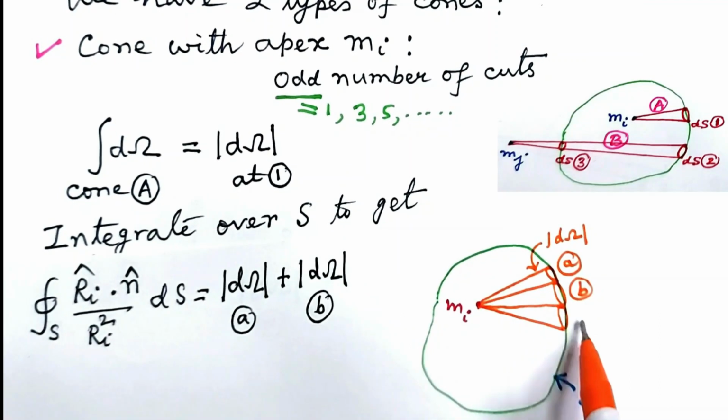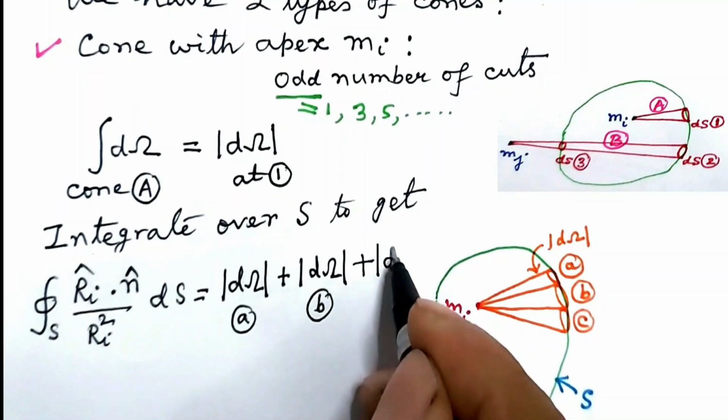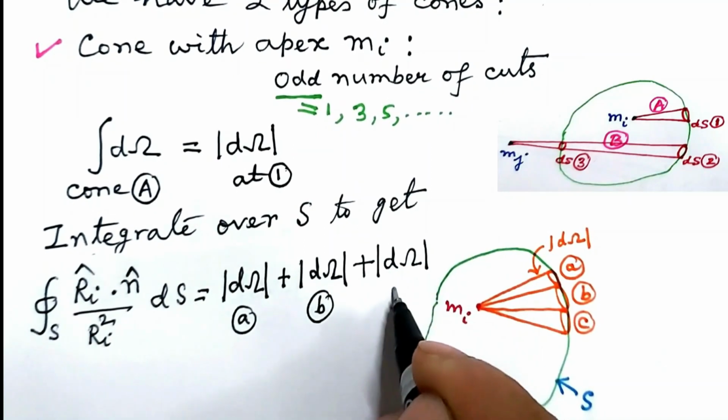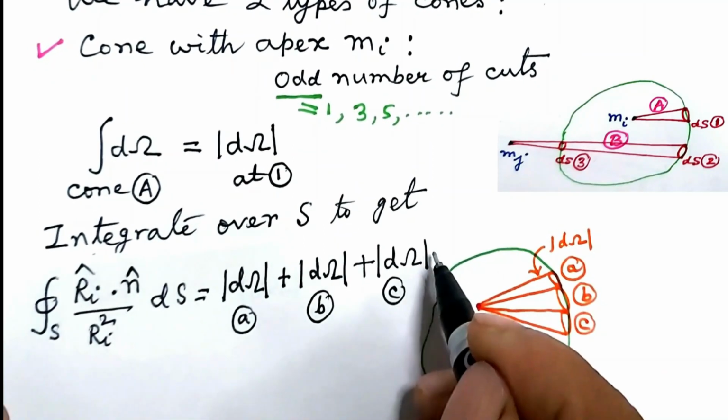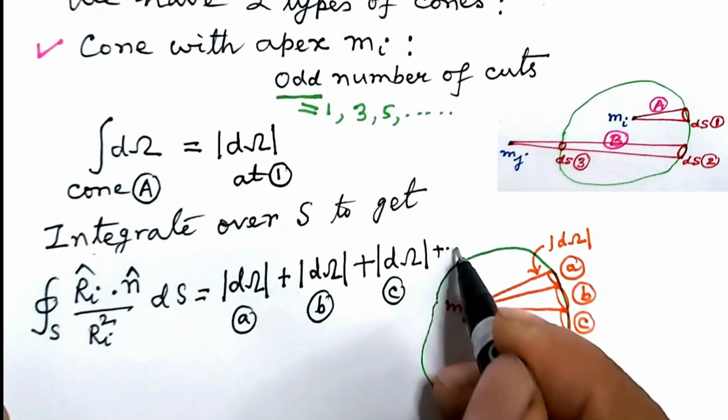Then another one, call it encircled small c, that also contributes another mod d omega, and so on for all such ds's over the surface S.